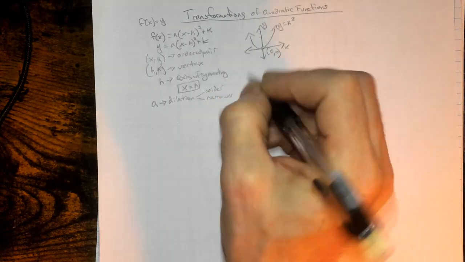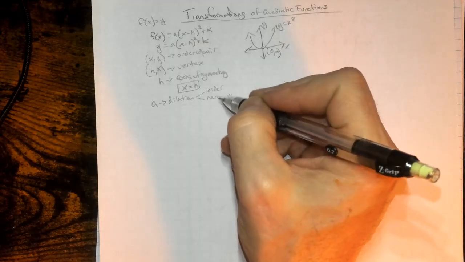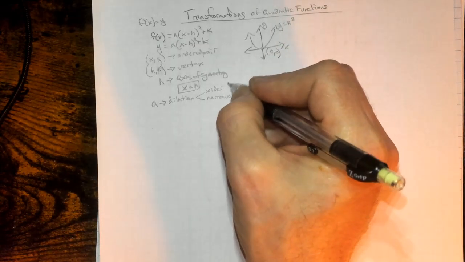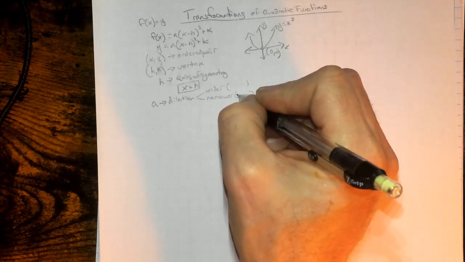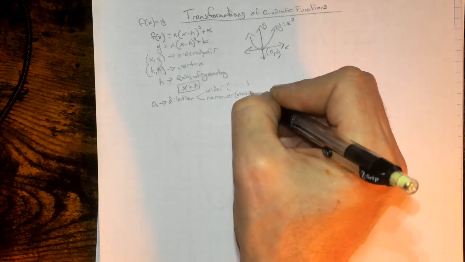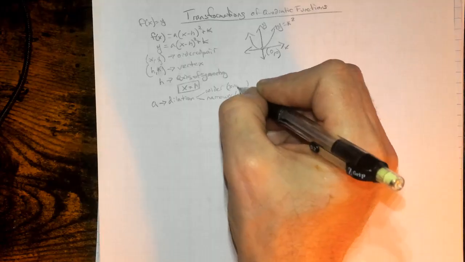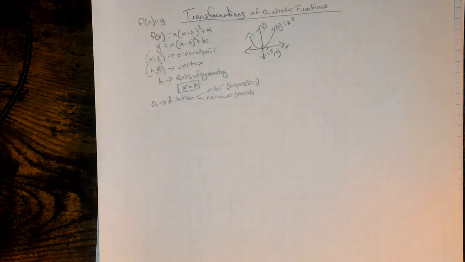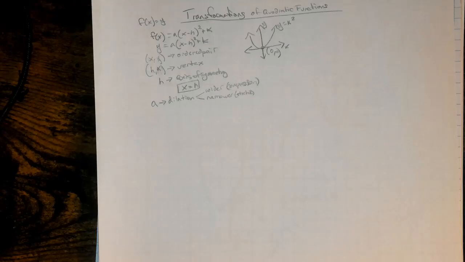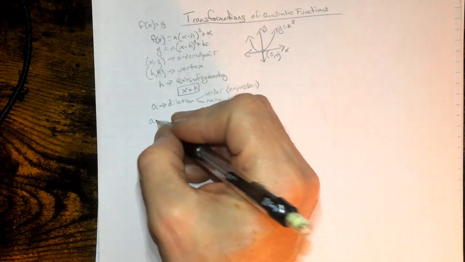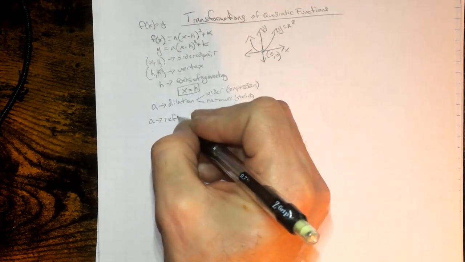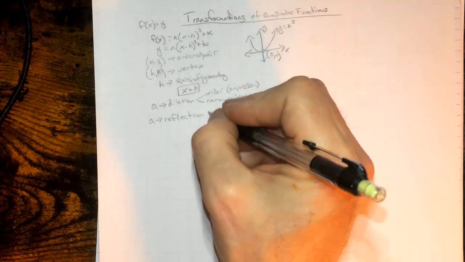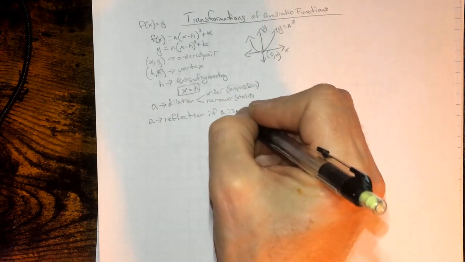Now we have better language to describe that, and we'll get more accurate with it, but we often call this a stretch and this a compression, but we do have to be careful of how we look at it. And then a also can result in a reflection when the value of a is negative.